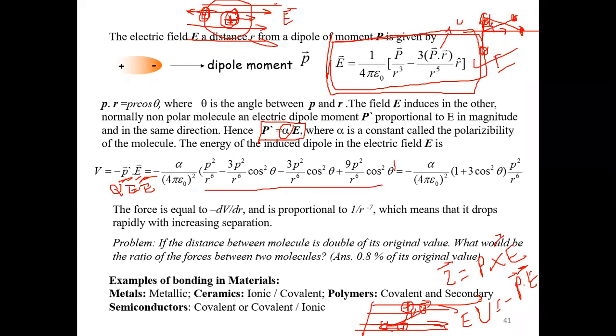There will be a bracket here. If you simplify that, it will be minus alpha by (4 pi epsilon naught) squared, times (1 plus 3 cos squared theta), P squared by R to the power 6. That's the potential energy.